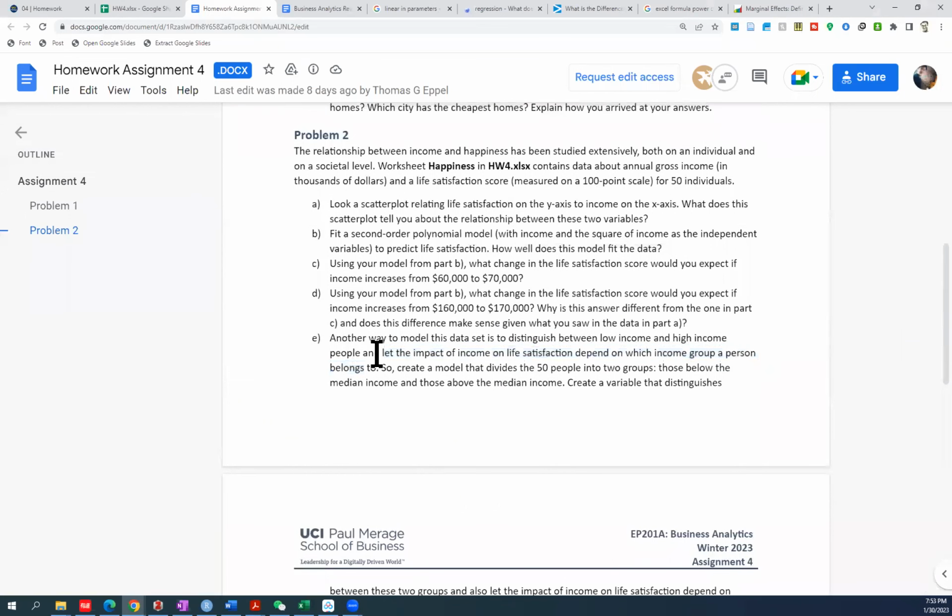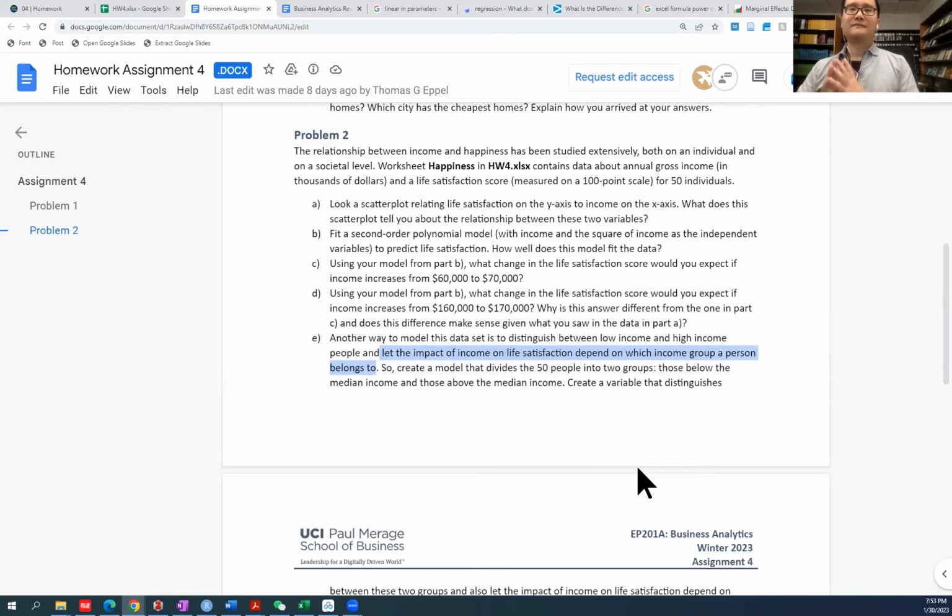So it says here, let the impact of income on life satisfaction depend on which income group a person belongs to. Well, it already does. So it's not that I'm letting it. It does depend.